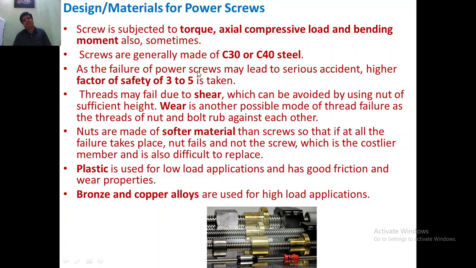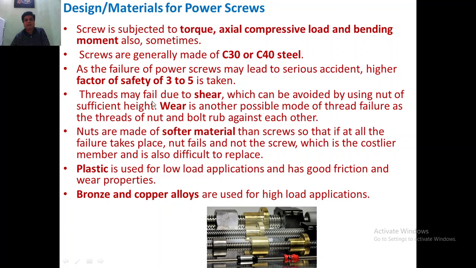So the factor of safety for power screws will be taken in the range 3 to 5. Also the power screws have threads, and threads are subjected to shear loading, and they can fail by shear.